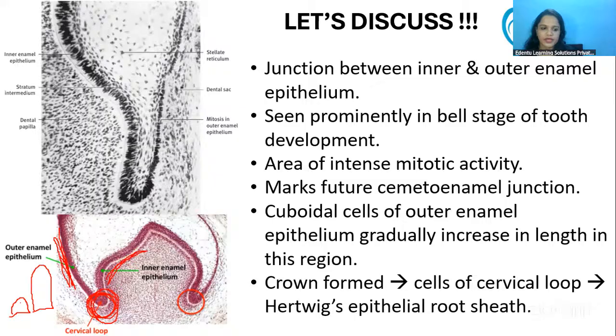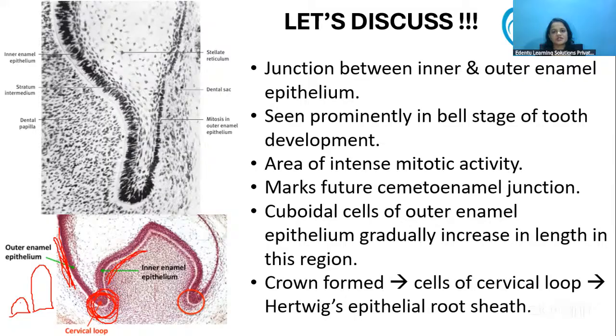At this particular cervical loop area, the small cuboidal cells will get converted to long columnar cells. Now, what is the importance of this cervical loop? Why is this cervical loop important? Because it is the area of highest mitotic activity.